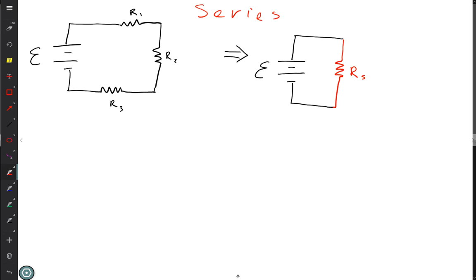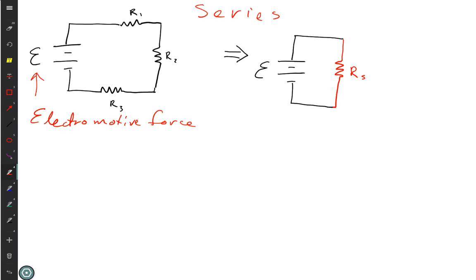So a symbol. That E stands for electromotive force, which is a totally anachronistic term. It's not correct. There used to be a theory that a battery was applying a force to electrons to give them energy.